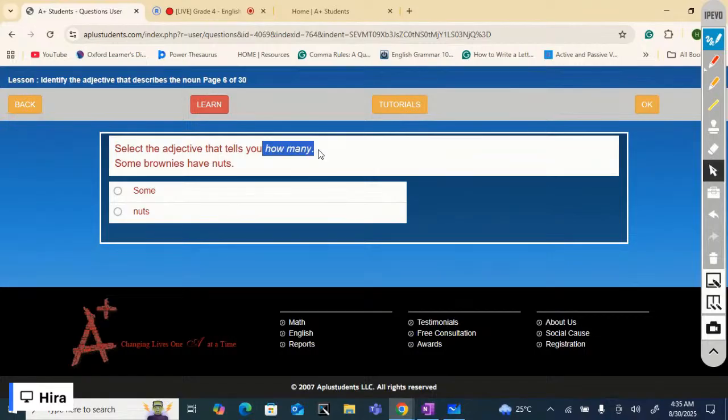Well, it's option one, some. Which adjective tells you how many? There is just one adjective in this sentence which tells you how many. How many brownies? Some brownies. So some is the answer.